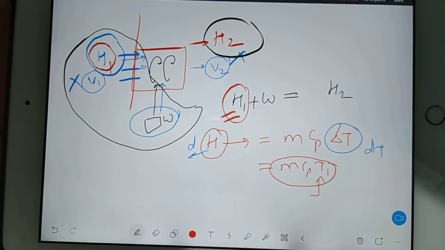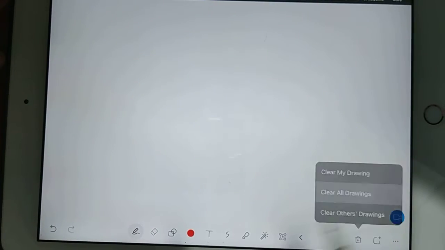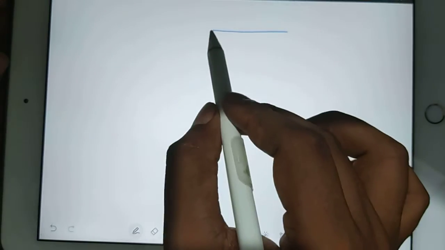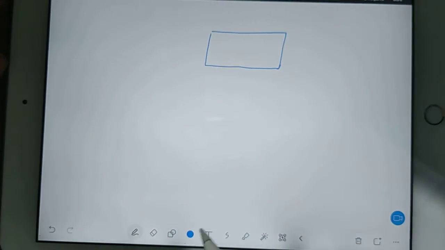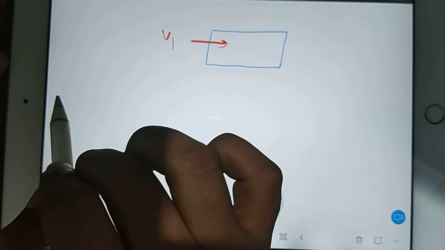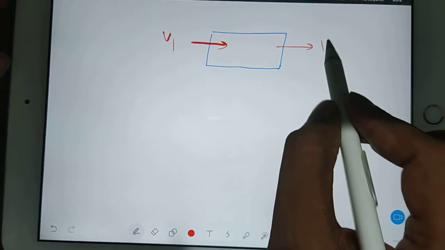So I am giving you one question which is based on the application of this kind of question. Suppose I am giving a question. You have a nozzle. In this nozzle, flow is coming in with V1 velocity, and on this side the flow is going out with V2 velocity.